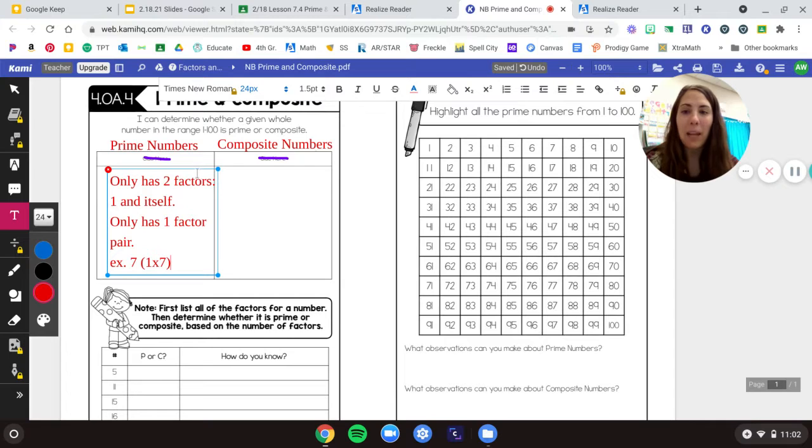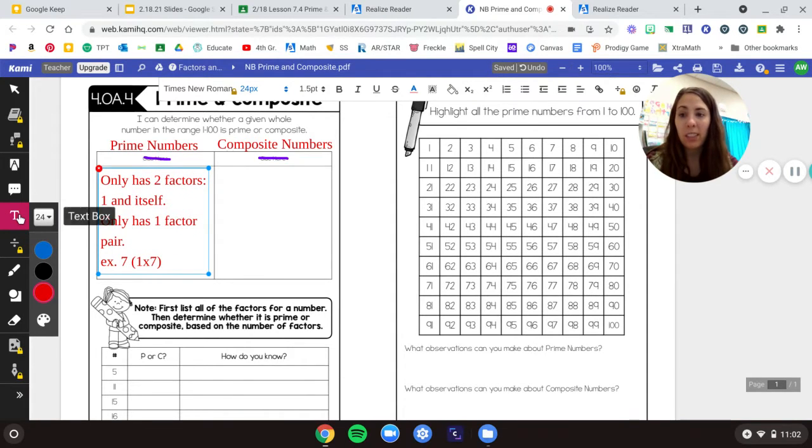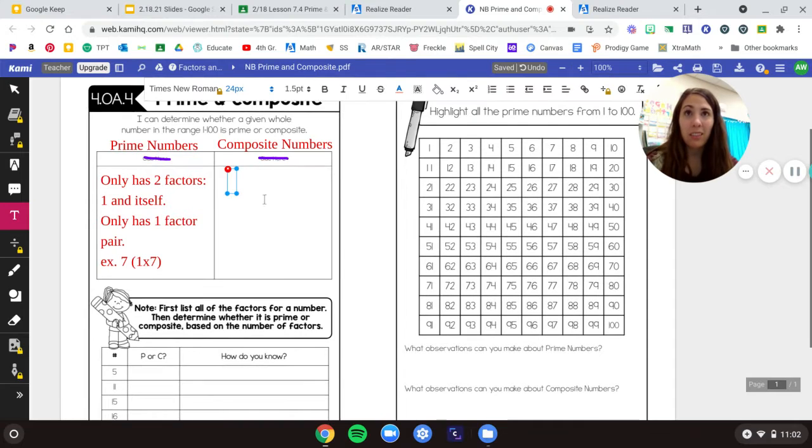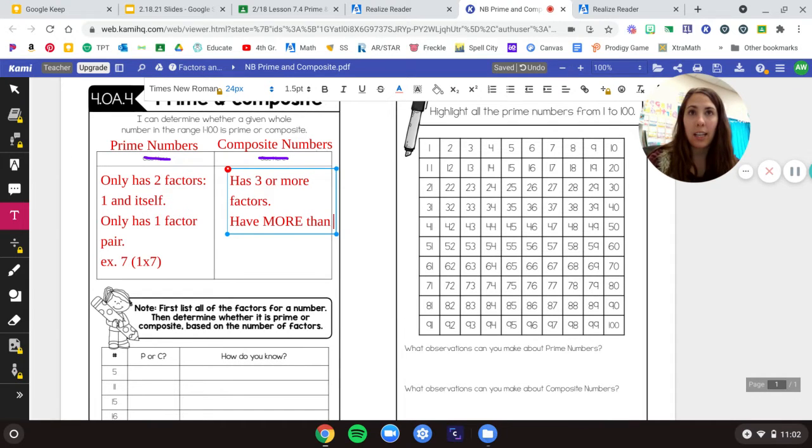So that makes that prime if it only has 1 and itself. Then composite is if it has 3 or more factors. They have more than one factor pair.